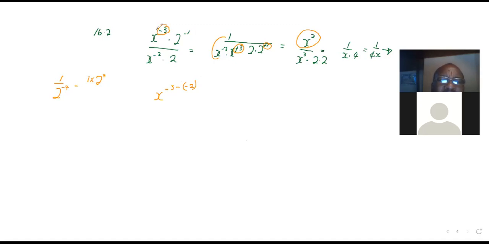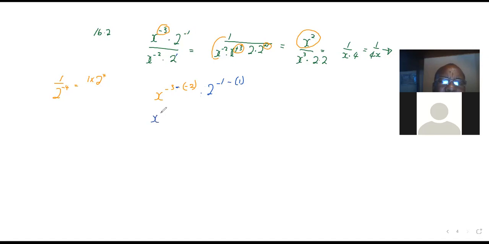The places are the same. We subtract when you divide. So our subtraction is going to be here. And then this one becomes 2 to the power -1. This one goes up. It's going to be -1, because there's a 1 here, which is positive.